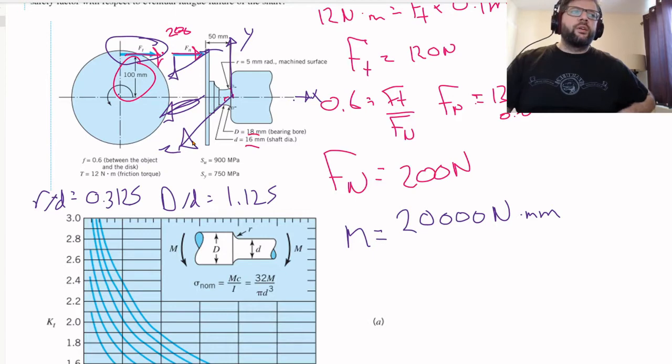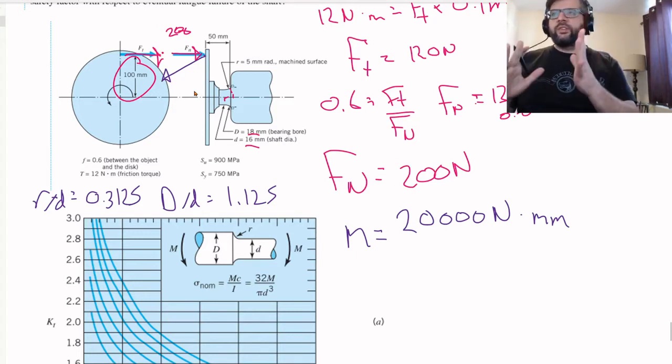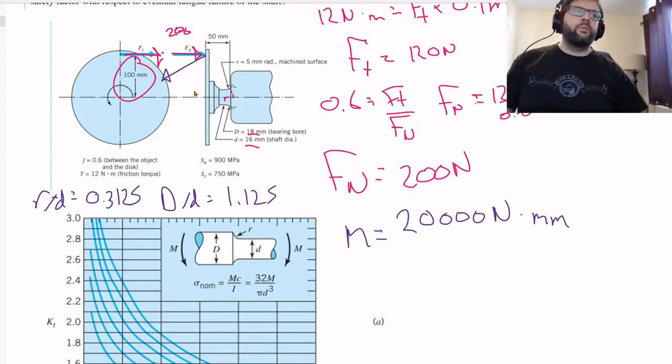So that is going to cause a bending moment, but again, it's acting kind of in this direction, so that's going to be causing a bending moment about the... it's acting in the z direction and it's displaced in the x direction, so it's causing a bending moment about the y-axis.